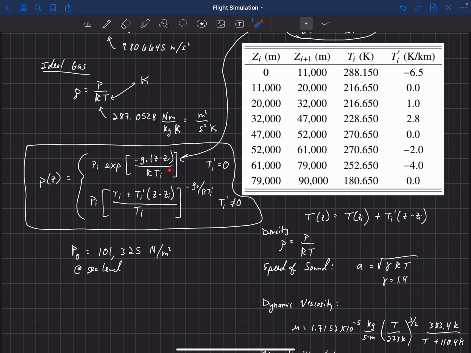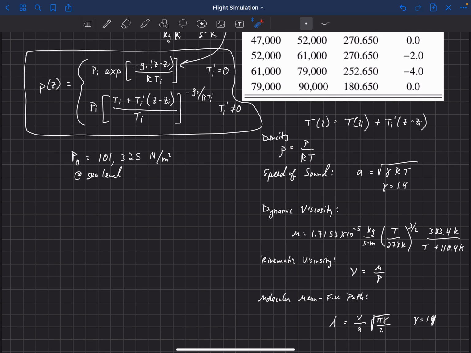And of course, the pressure depends on the results of the previous levels, because you've got to have this initial pressure for each level, which isn't technically defined in this table here, so you'd have to compute it for each level leading up to the level that you're looking for. And once you have pressure, then we can get density from this equation, the speed of sound, the dynamic viscosity, kinematic viscosity, and molecular mean free path.